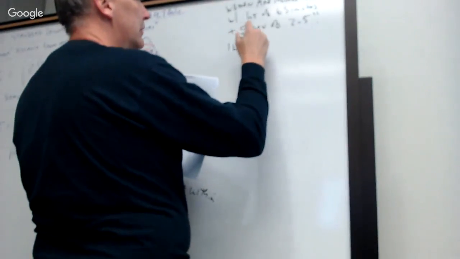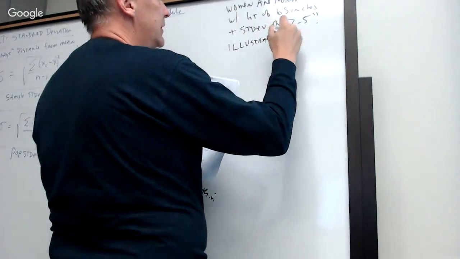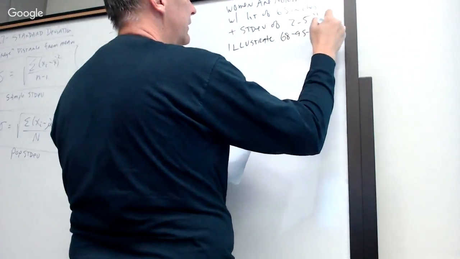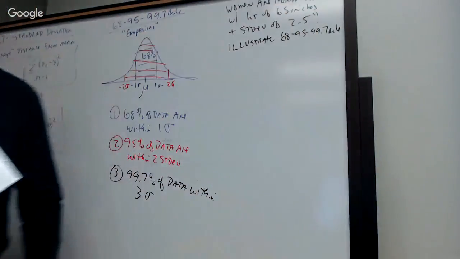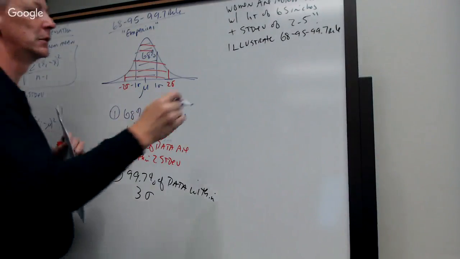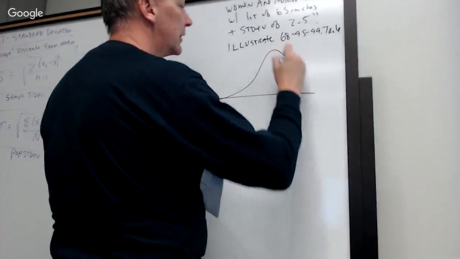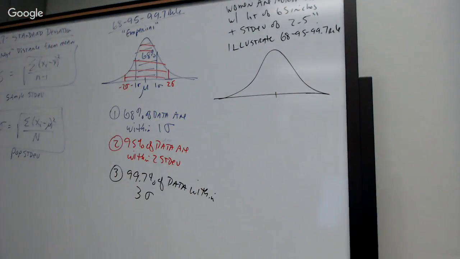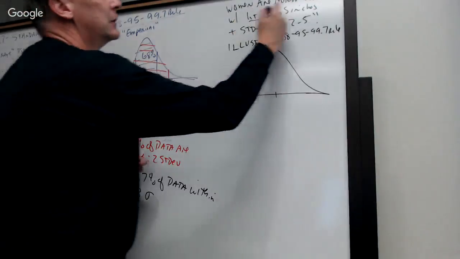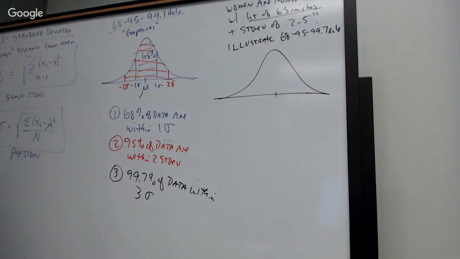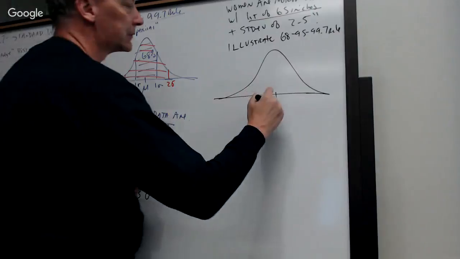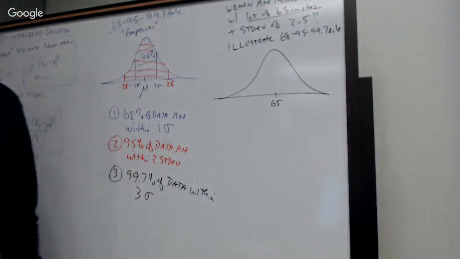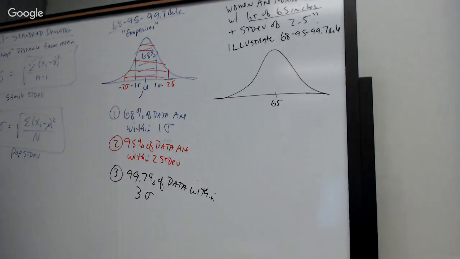Illustrate the 68, 95, 99.7 rule. So, according to this, Olivia, what is the mean of how tall are women? You don't know? 65 inches tall. That makes sense? Okay?